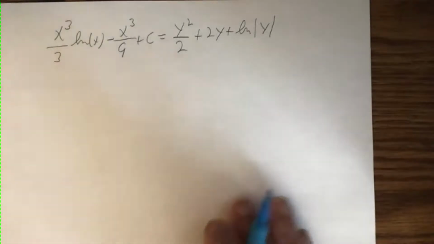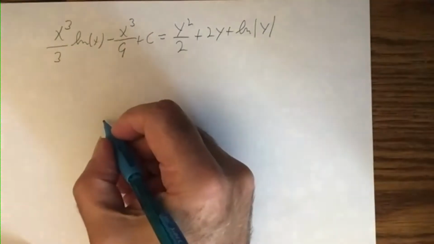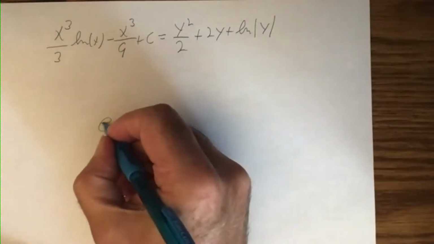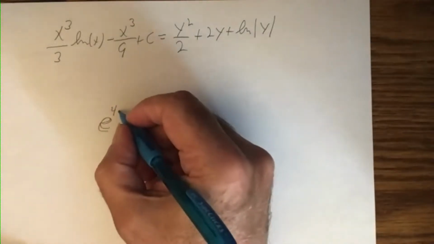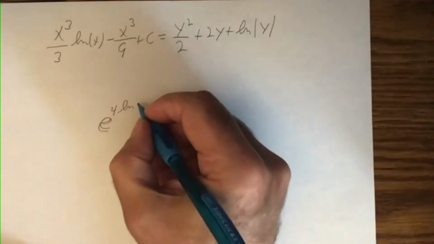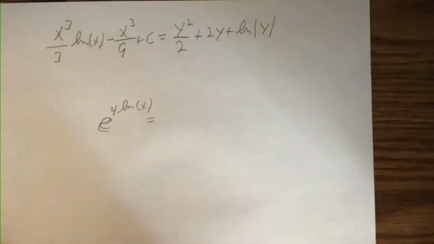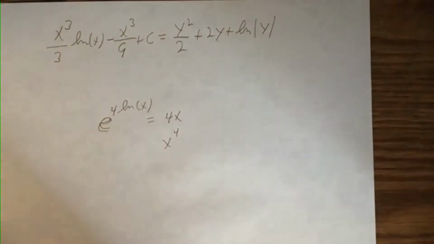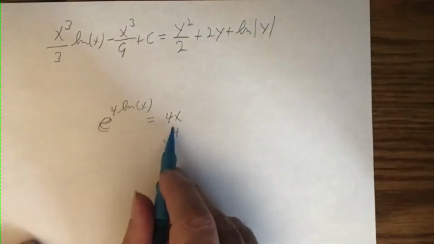But one of the things I want to do, because I've taught this course so many times before, is address a common mistake, and this is going to come up later on, especially when doing integrating. If I have e to the 4 times the natural log of x, what is that equal to, 4x, or x to the 4th? I want everybody to understand, because I see this error a lot.